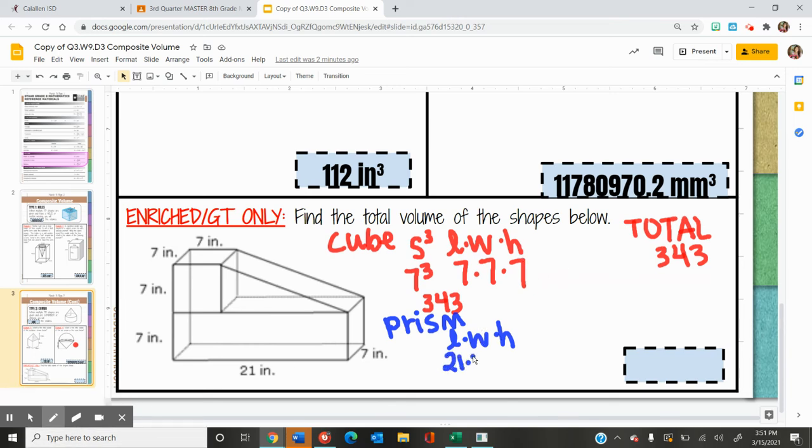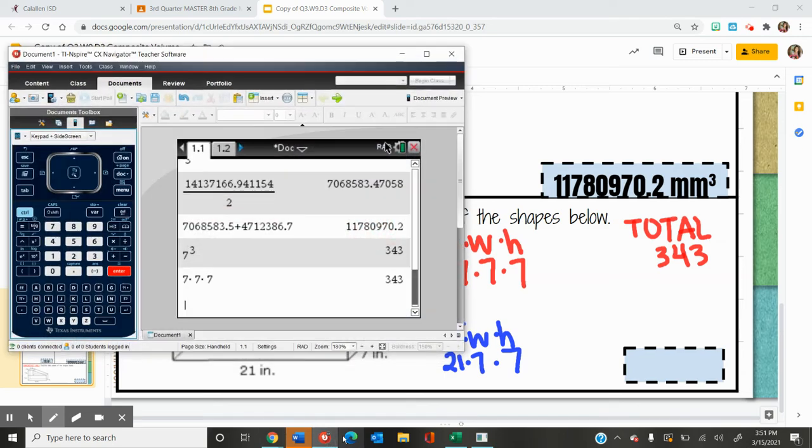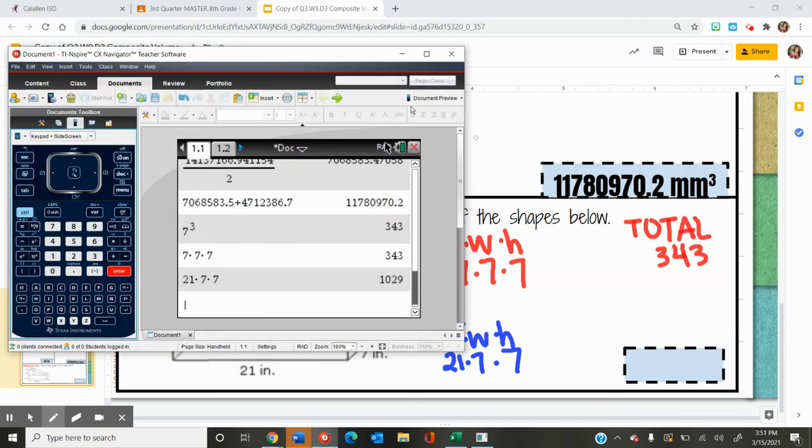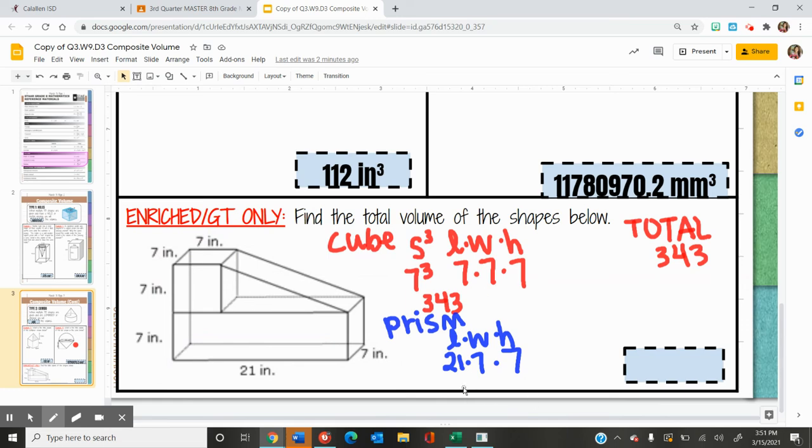Now the height of my prism is the distance between my base shapes, so times 7. So 21 times 7 times 7 is 1,029. And then I just have my triangular prism.